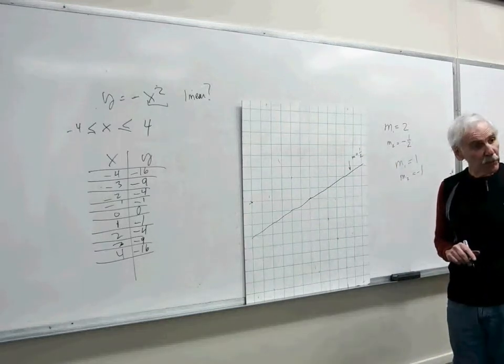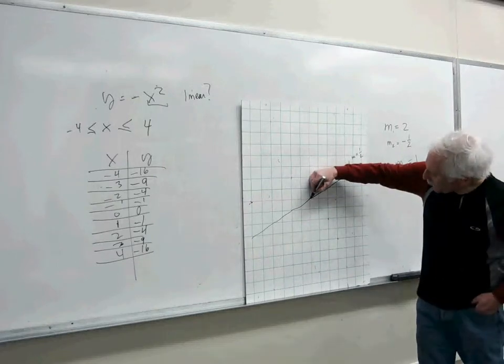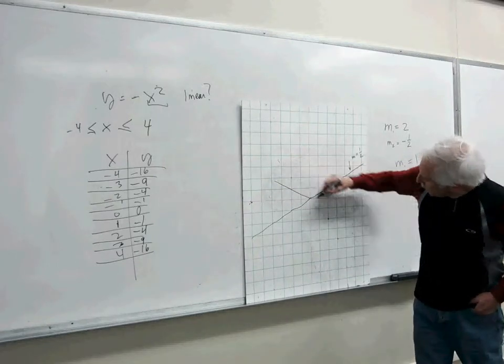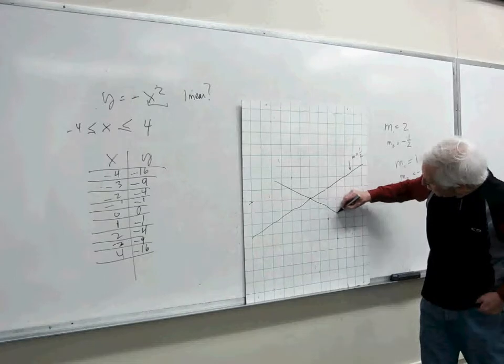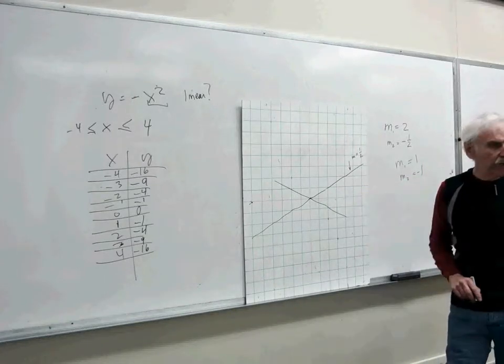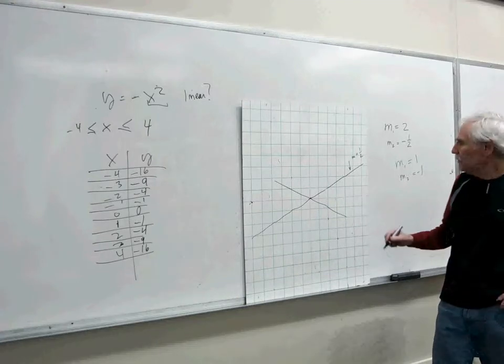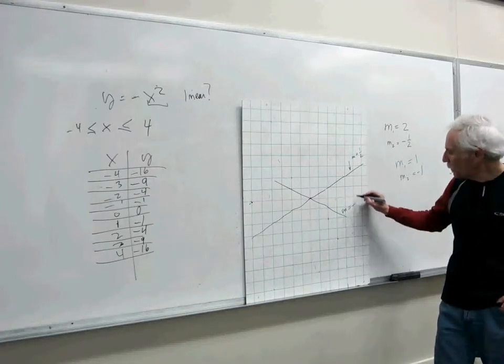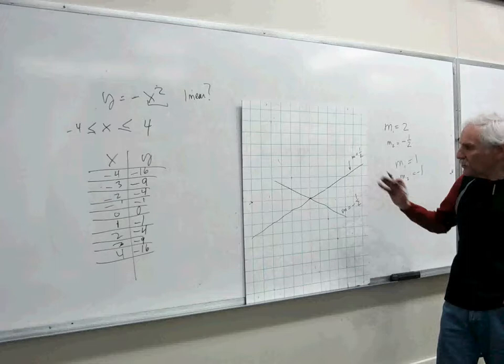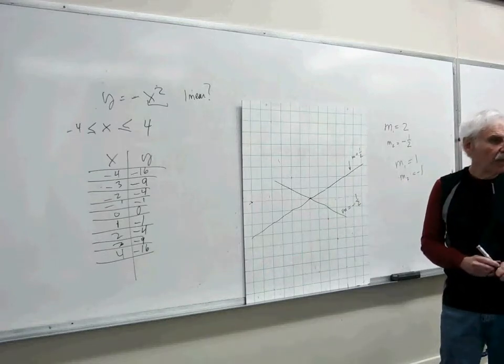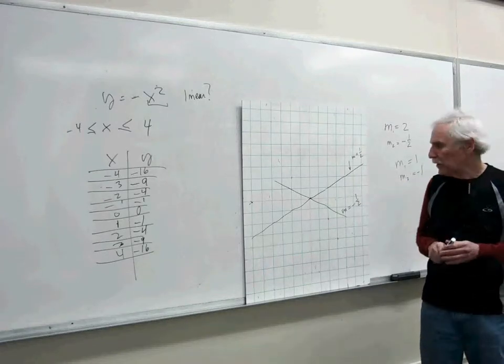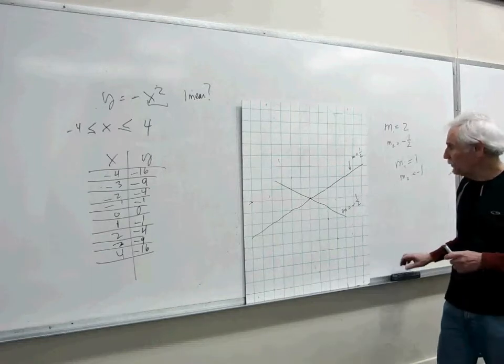That would be a slope of minus 1/2. That would look like this. And I think you will agree that's not right angles. That doesn't look like 90 degrees. So it's not that they're negatives of one another. It's that it's the negative of the reciprocal.